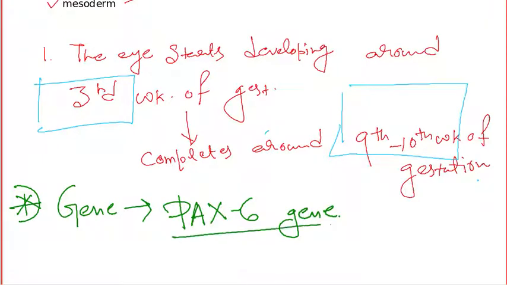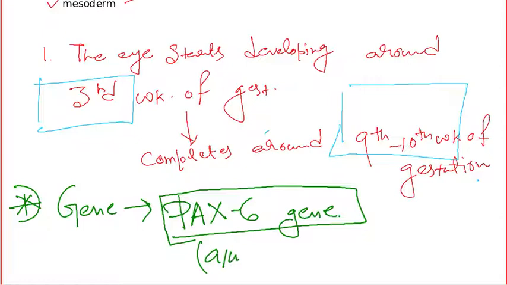This PAX6 gene helps in the development of the eye. Now if the PAX6 gene is damaged or mutated, it can cause some conditions, like it is associated with aniridia.